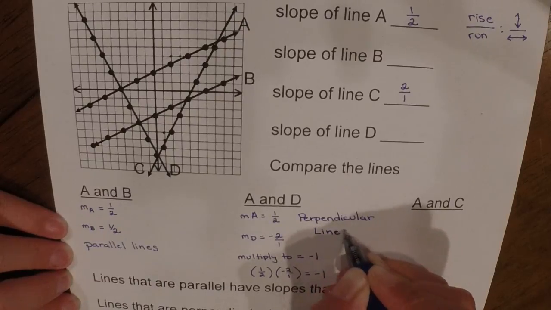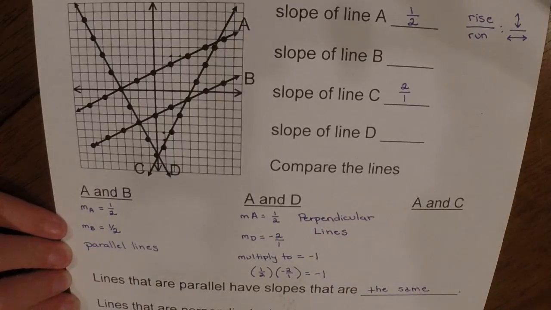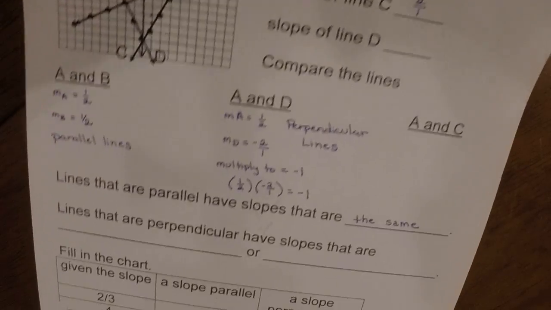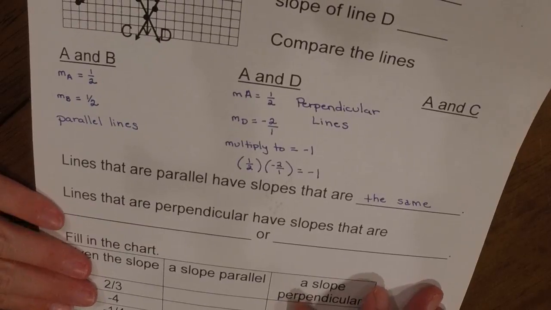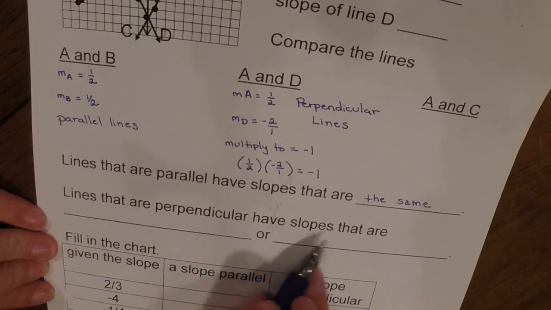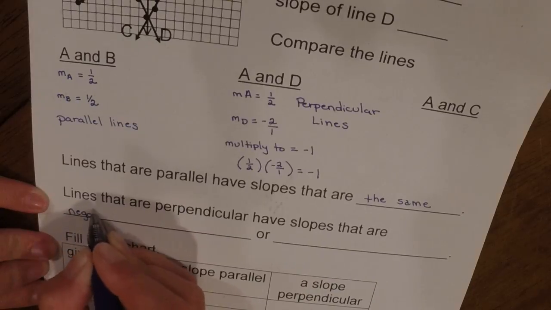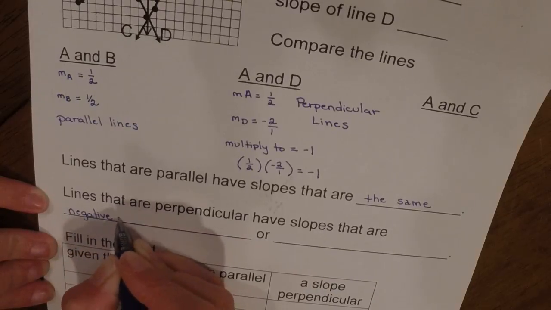Now, the other way to check this is by doing what we say is called negative reciprocals. So look down here at the bottom, and it says lines that are perpendicular have slopes that are negative reciprocals, which I'm about to explain.